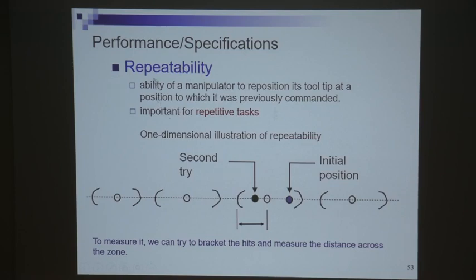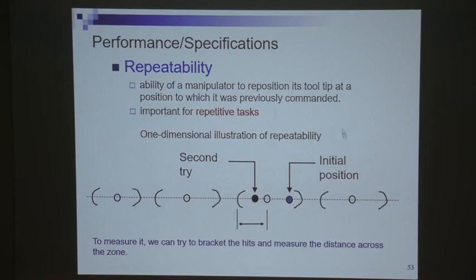Repeatability is defined as the ability of a manipulator to reposition its tooltip at the position to which it was previously commanded. That means if I point at this single point, then pull back my arm, and then point at it again a third time, how many times can I point at it at the exact position?